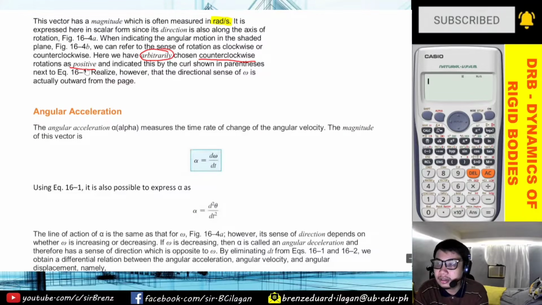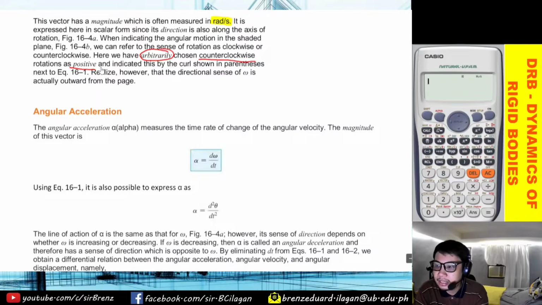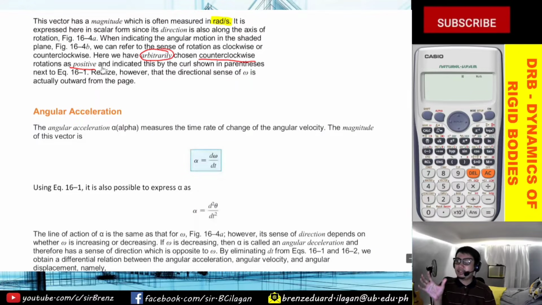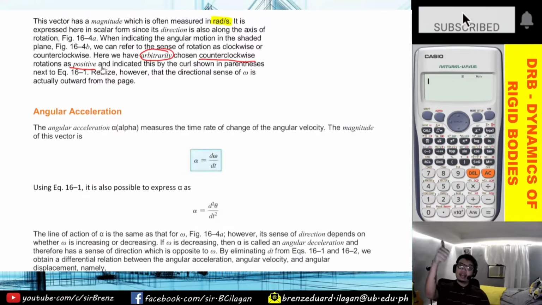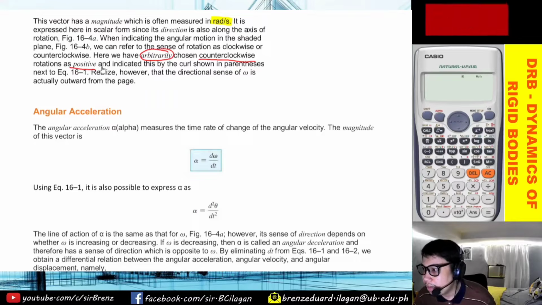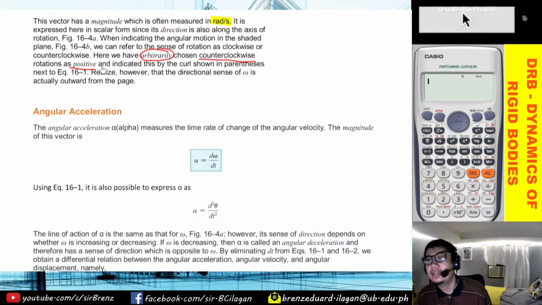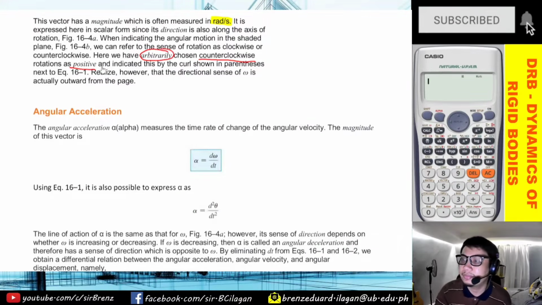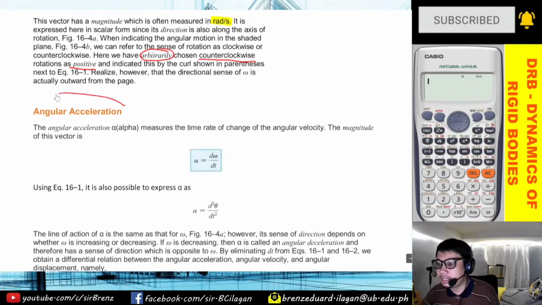But here in the rotation topic, counterclockwise is positive. So just use the right hand rule: you should always have a thumbs up for positive. When is it thumbs up? When your 4 fingers rotate counterclockwise. So let's just remember that. However, the directional sense of omega is actually outward from the page. Right, it's outward.